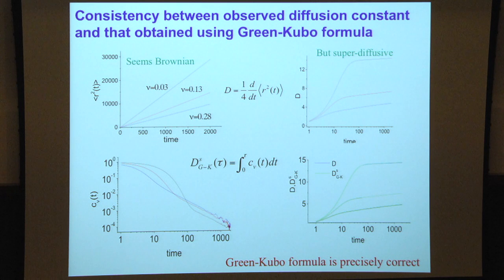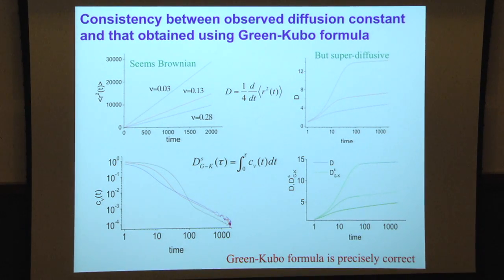Then here is a result for what the actually measured transport coefficient is, I mean the observed coefficients. In the case of velocity, in this plot I show the direct result obtained by tracing the target particles.